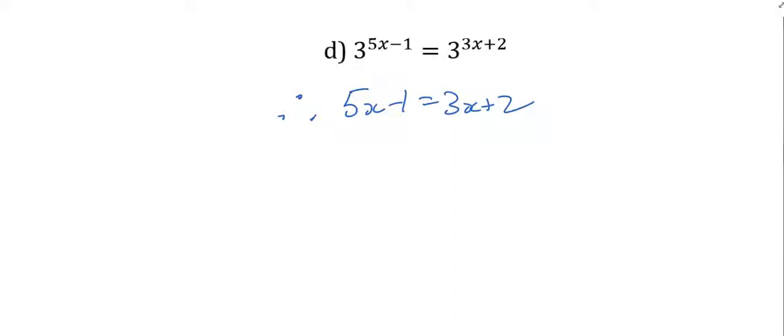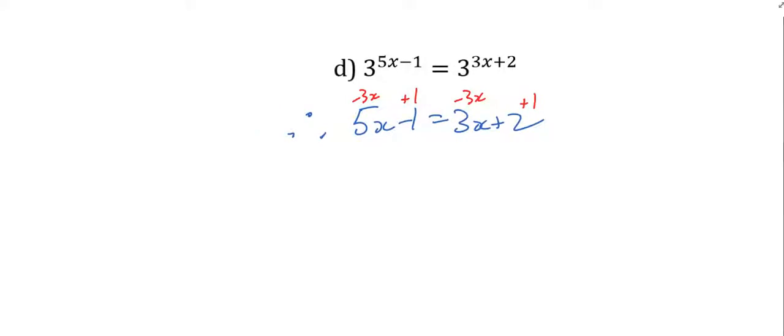So I'm going to move the negative 1 to the other side by adding 1 to both sides. And I'm going to move the 3x to the other side by subtracting 3x. Now you see why we were doing this the other week. 5x minus 3x is 2x. 2 plus 1 is 3.